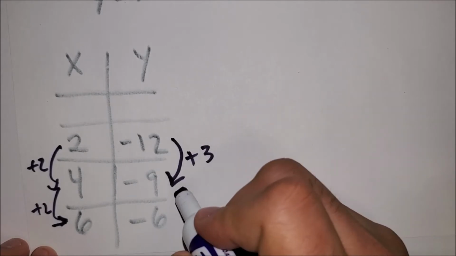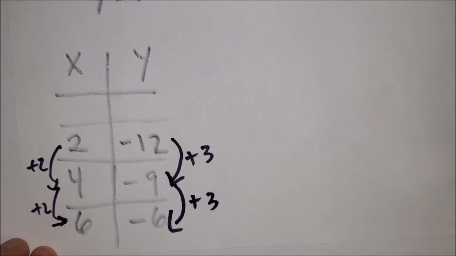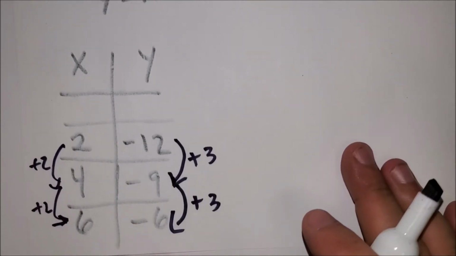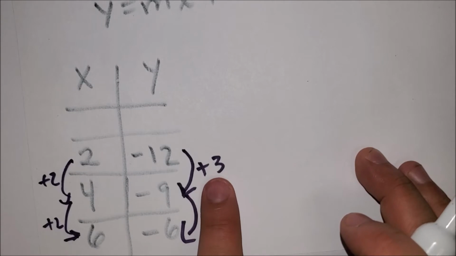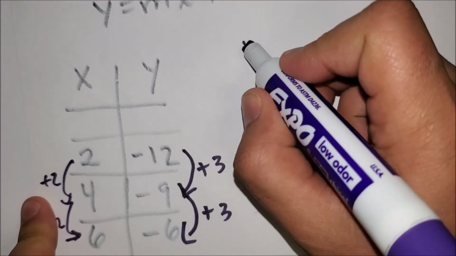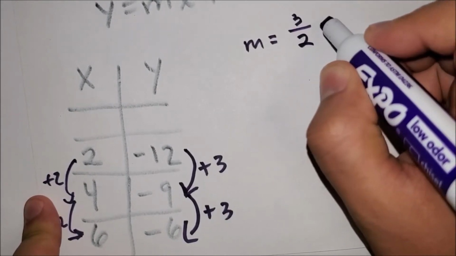And from -9 to -6, that's another difference of 3. So we know from this that our slope is our change in y over our change in x. So we can take note that m is going to be 3 over 2.